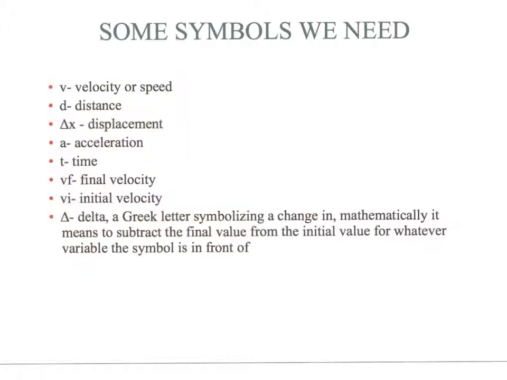Delta is a Greek letter symbolizing a change in, which mathematically just tells us to subtract. Lowercase a means acceleration, lowercase t means time, v sub f is final velocity, v sub i is initial velocity, and again, delta is a Greek letter symbolizing change.